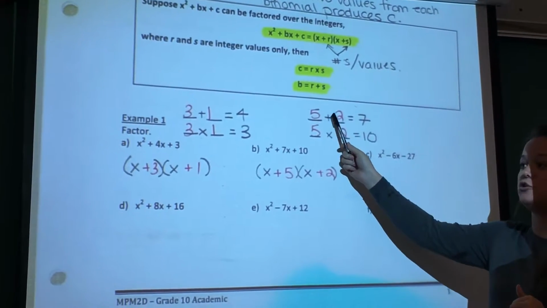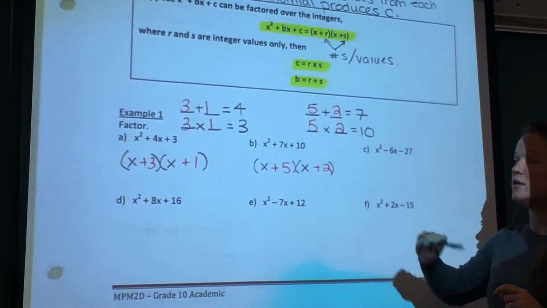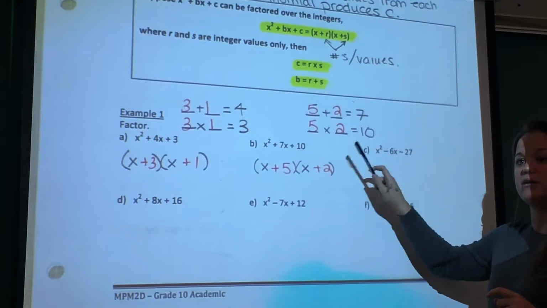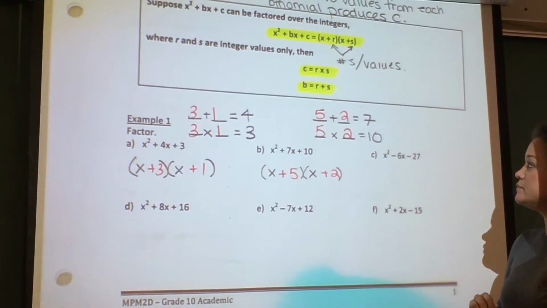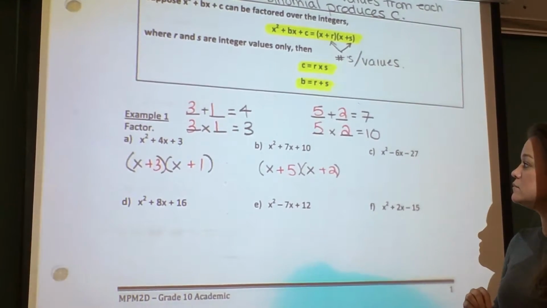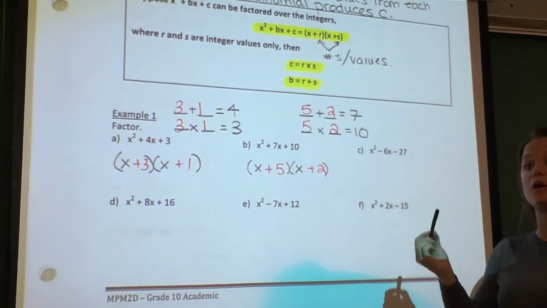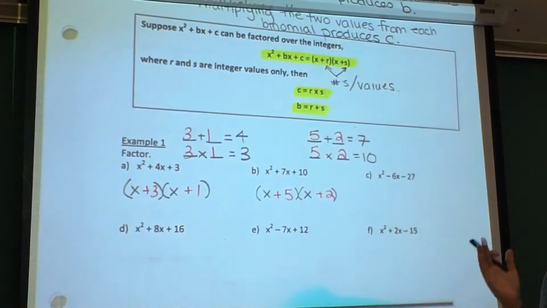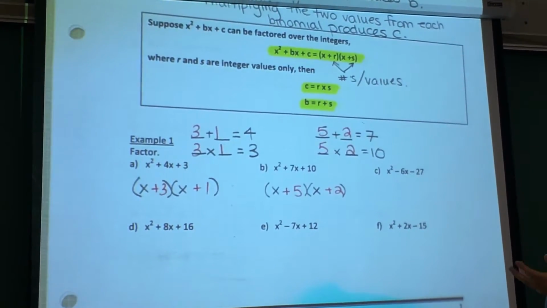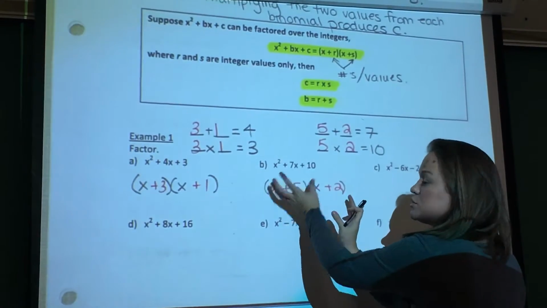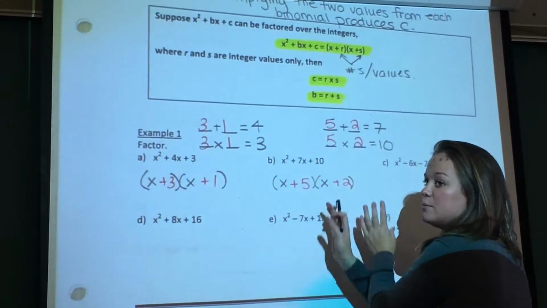If you do 2 plus 5, it's going to give you 7. 5 times 2, 10. So could you do x plus 2 and x plus 5? Yes, because with multiplication, it's interchangeable, right? If you do 3 times 2 or 2 times 3, it's going to give you the same amount. So if you do x plus 2 or x plus 5 and you switch them, it's still going to give you the same answer.